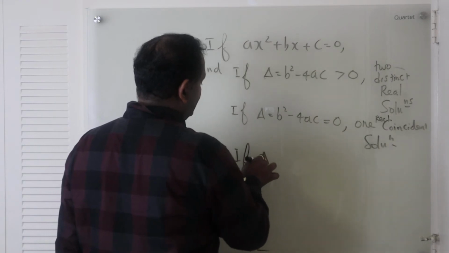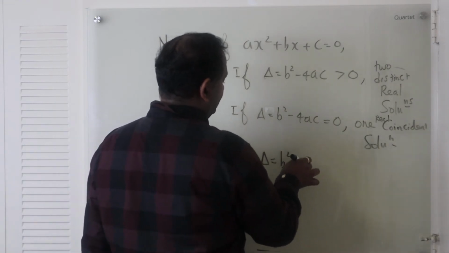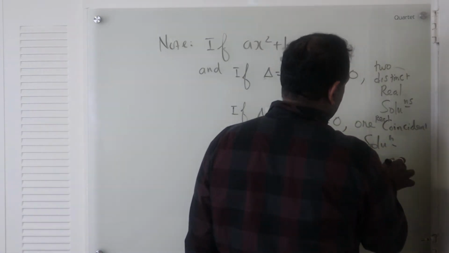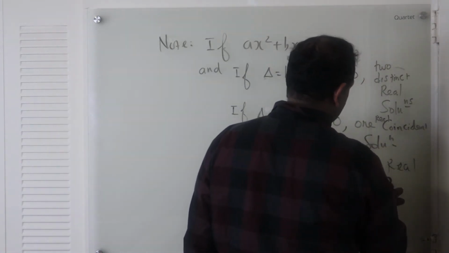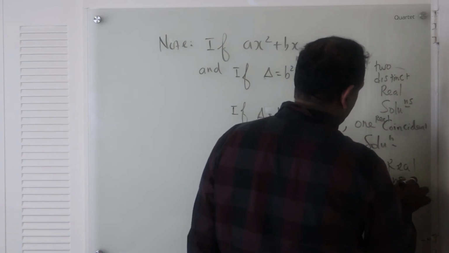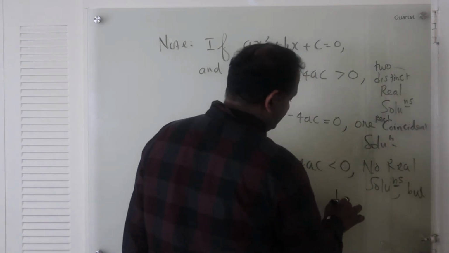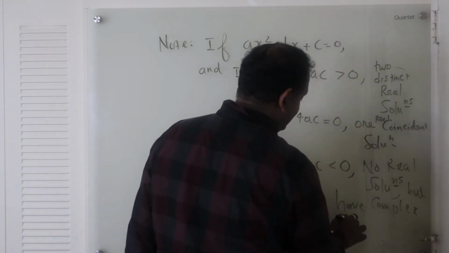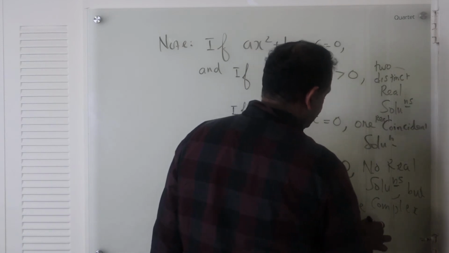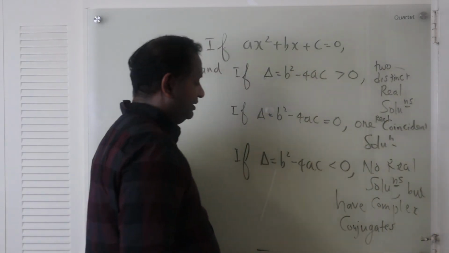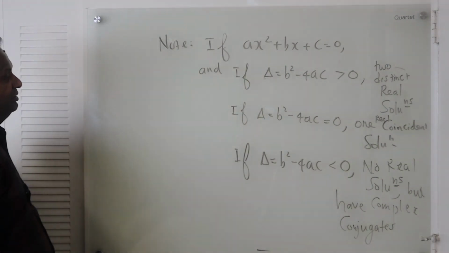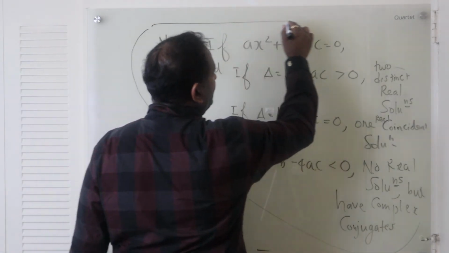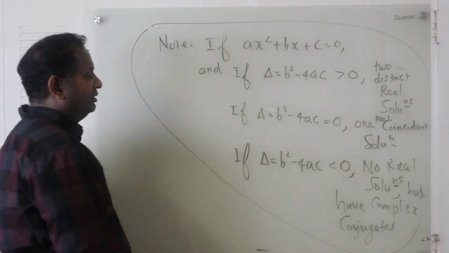If delta is negative, no real solutions, but we have complex conjugates. They come like pairs. Those are called conjugates. So this is under note. It's not related to our discussion, but this is for your knowledge.